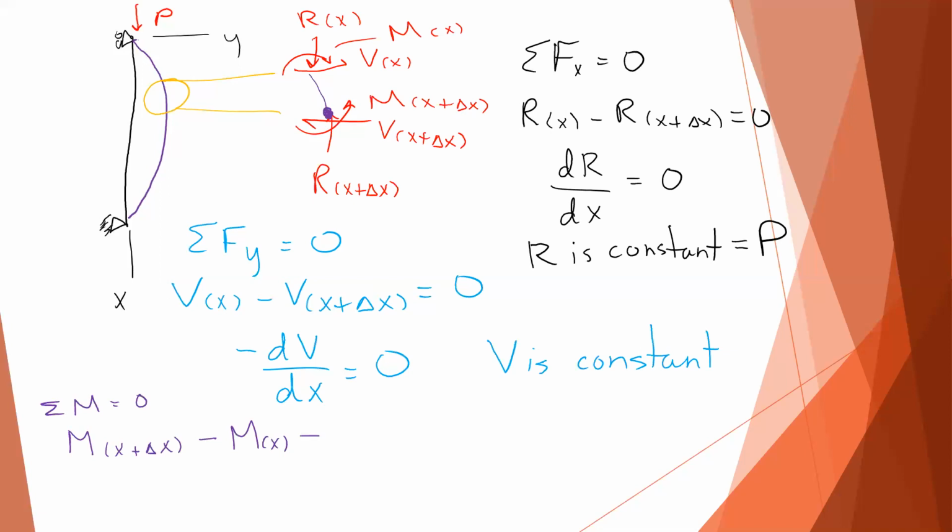Now we have moment coming from the shear force up top, so we'll say minus V of x times delta x. And we also have moment coming from this vertical load because it's offset. Because of that deflection, it's now offset from the point we're taking the moment about. So that's a positive moment. That's R of x.